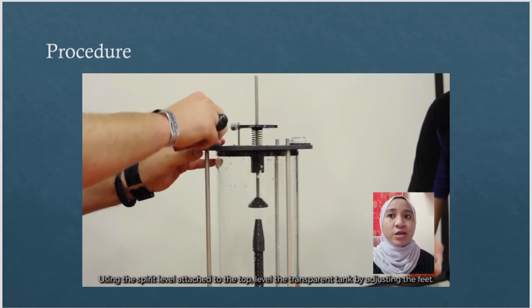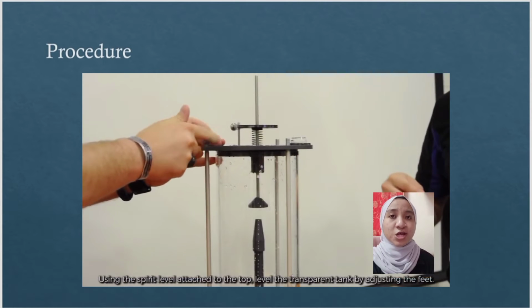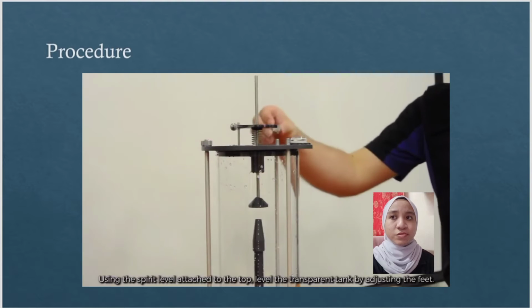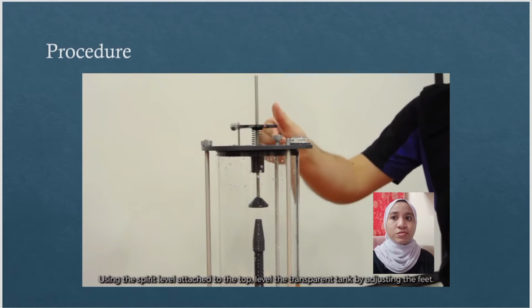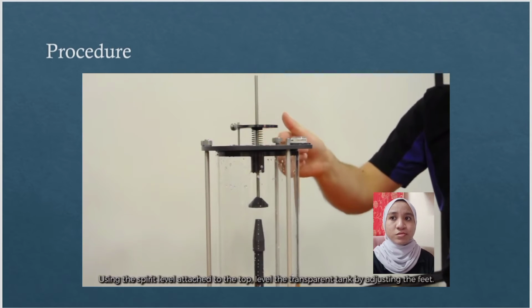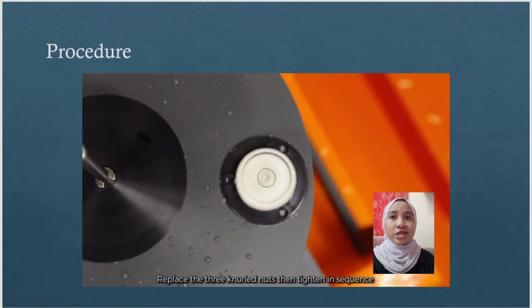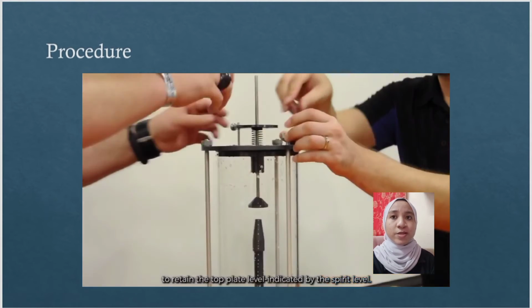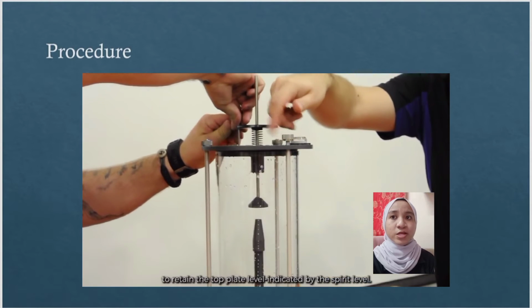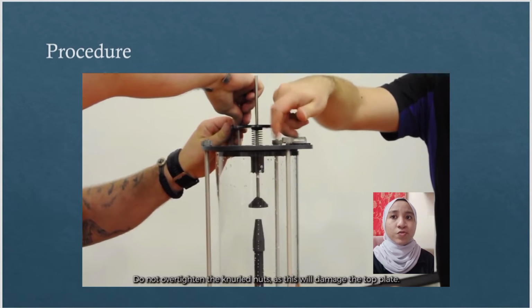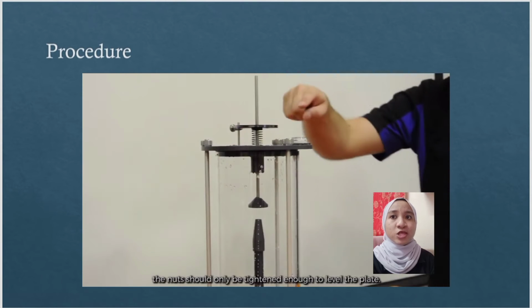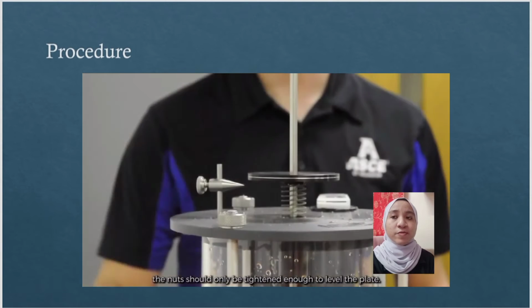Using the spirit level attached to the top, level the transparent tank by adjusting the feet. Replace the 3-knob nuts, then tighten in sequence to retain the top plate level as indicated by the spirit level. Do not over-tighten the knob threads, as this will damage the top plate. The nuts should be tightened just enough to level the plate.